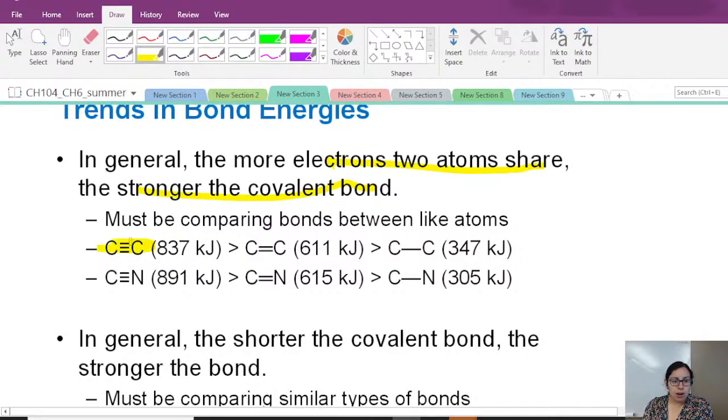So like a carbon-carbon triple bond goes all the way up to 837 kilojoules versus a carbon-carbon single bond, 347. And then again, you can compare your carbon-nitrogen triple bond is pretty high at 891 versus your single bond, 305.